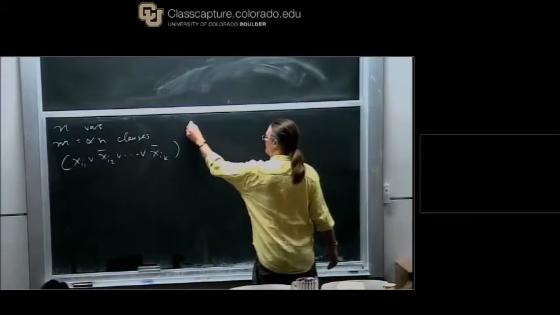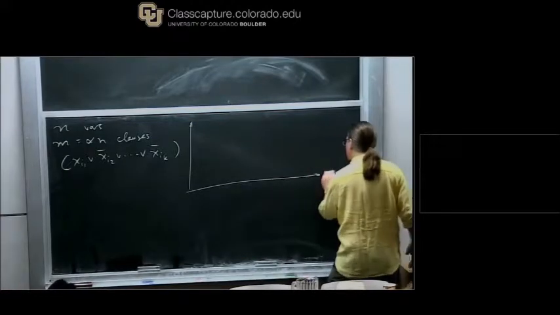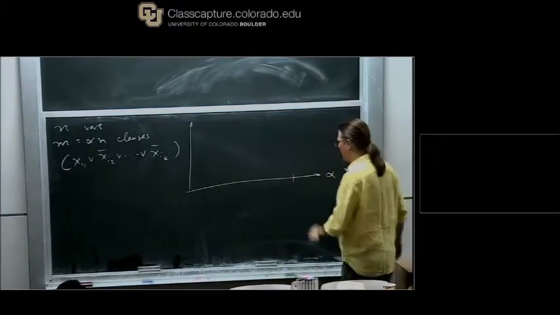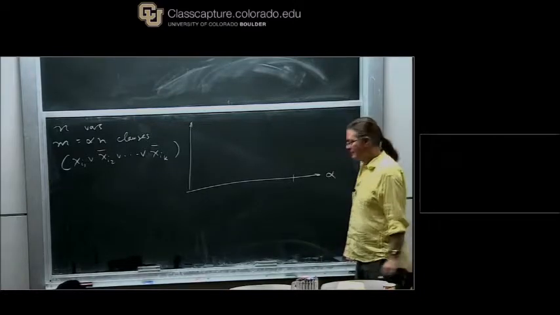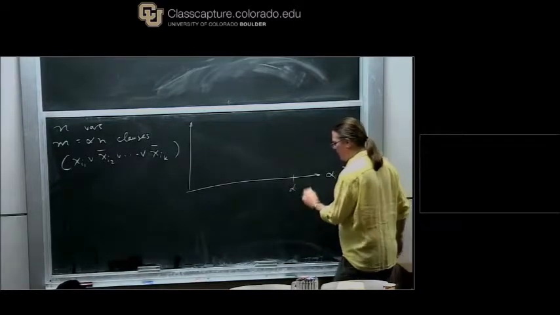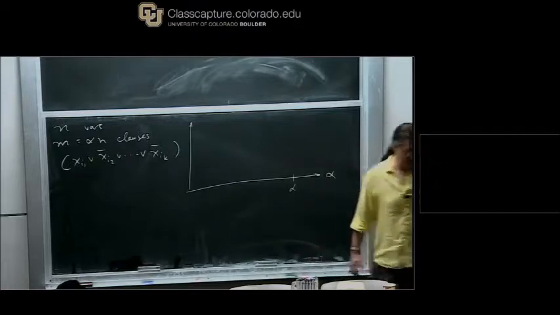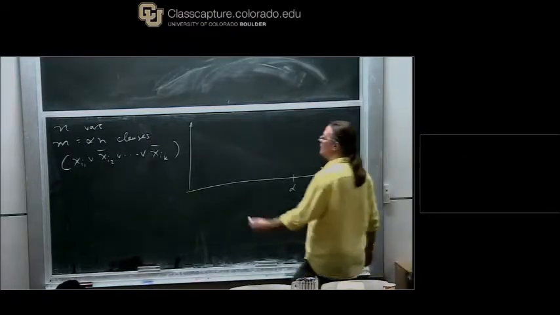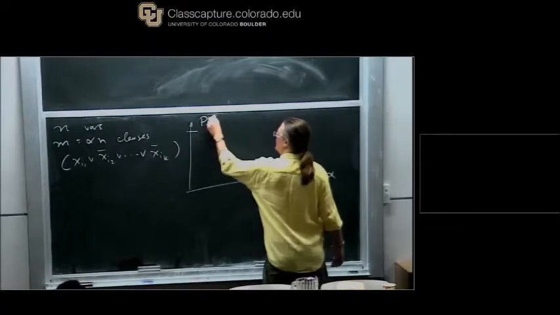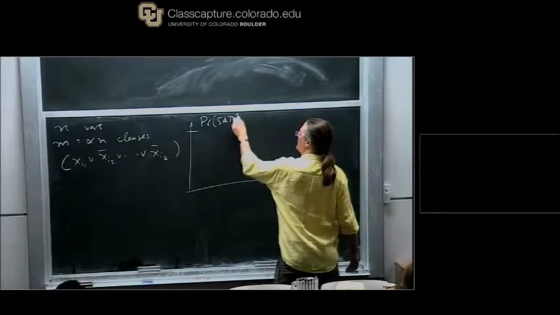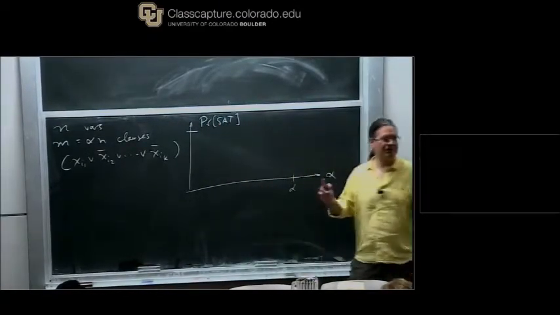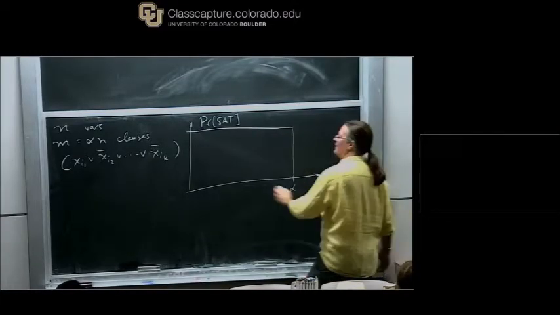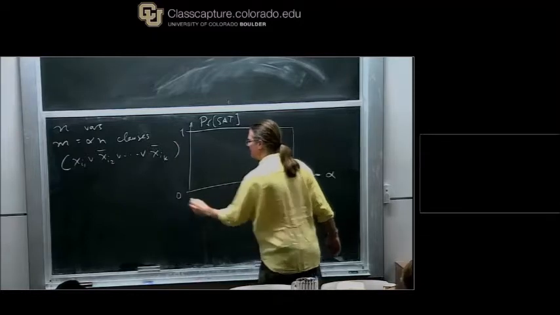And as a function of this density alpha, there is a critical value of the density at which these random formulas, in the limit that n goes to infinity, go from almost always having a satisfying assignment, or being satisfiable, as we say, to almost never being satisfiable.